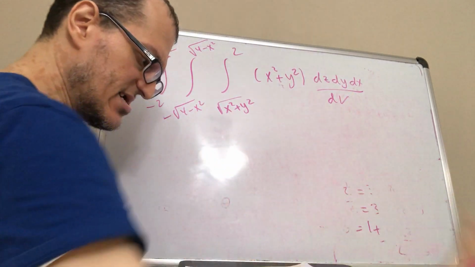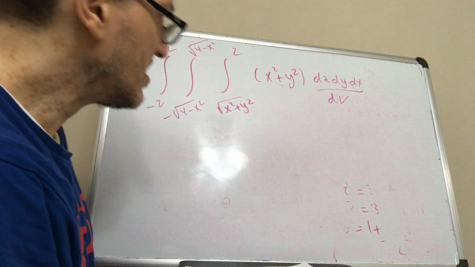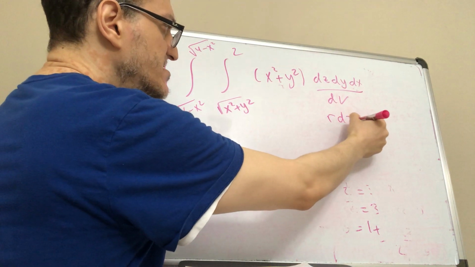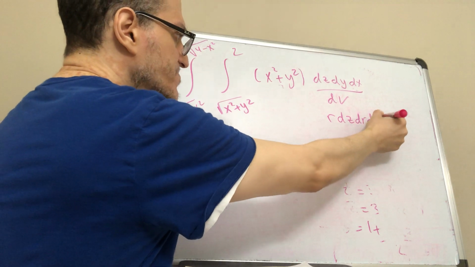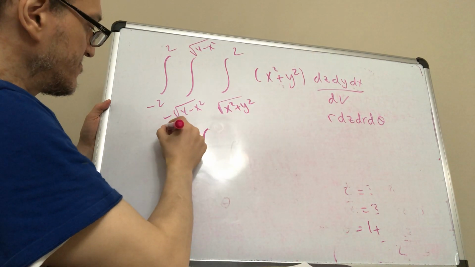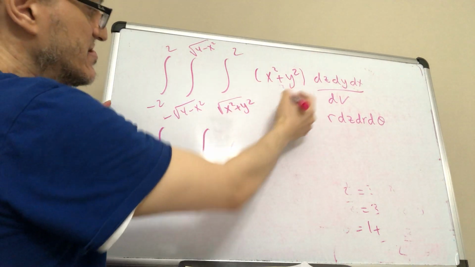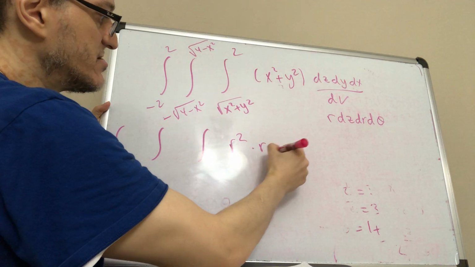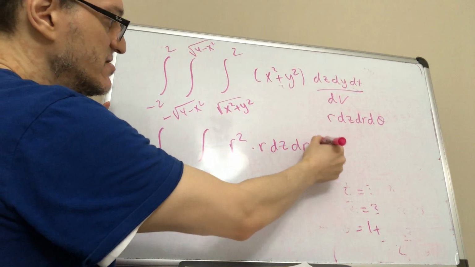That's the same thing as saying dv. And we know, we told you, dv is r dz dr d theta. So right away, I know this is r squared, and I know I can put r dz dr d theta.